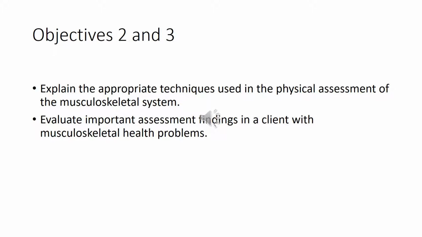And this can really help you with deciding on which disorder. Like rheumatoid arthritis is usually mostly pain with rest, where osteoarthritis is mostly pain with activities.